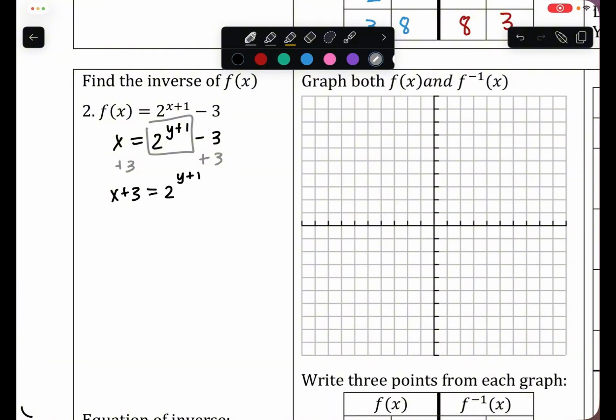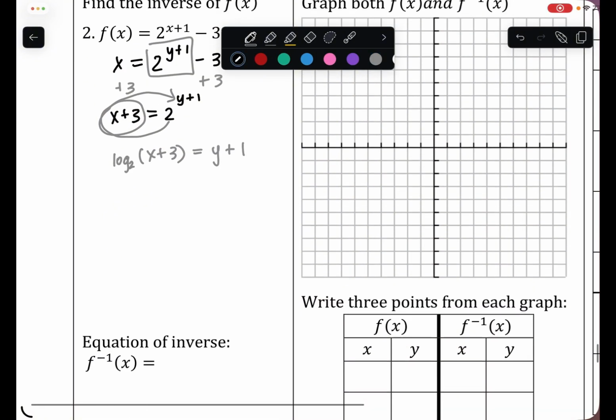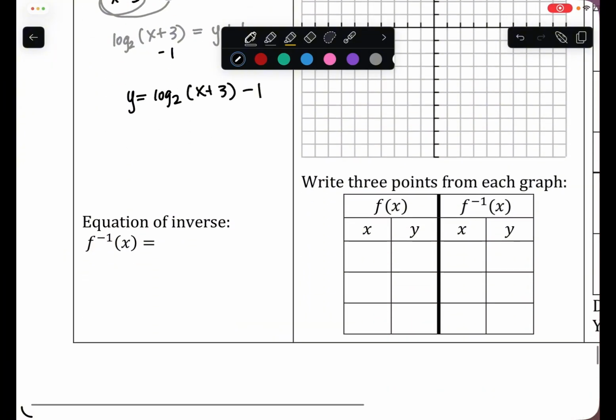Now I'm ready to convert 2 to the x, log base 2 of x plus 3 equals the y plus 1. So now my last step is to just subtract the 1. And so that gives me y equals log base 2 of x plus 3 minus 1. And so my inverse function is log base 2 of x plus 3 minus 1.